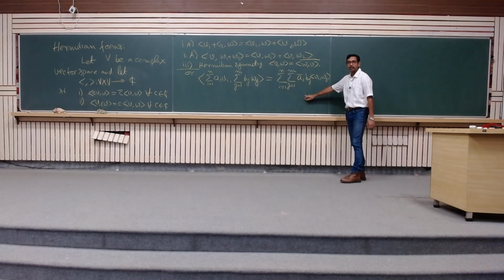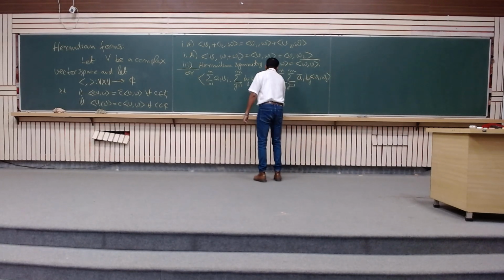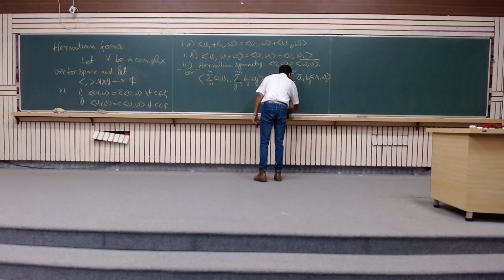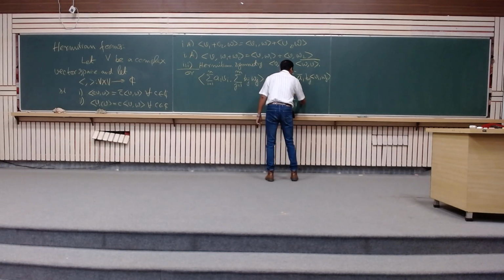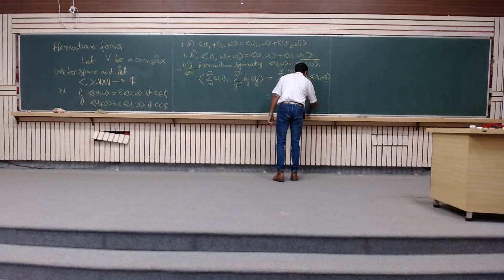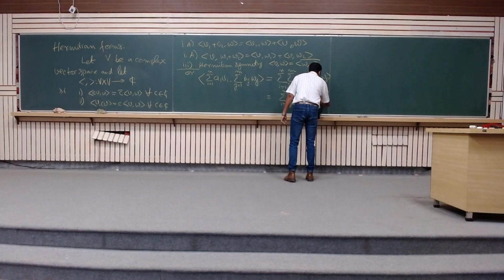In particular, you can write this as the summation over i and j of a_i bar b_j (W_j, V_i) bar.